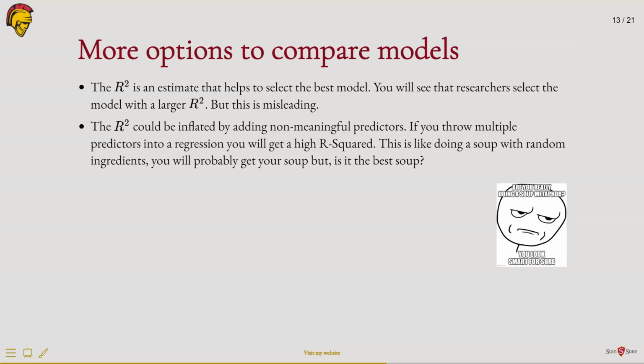You could eat it, perhaps, if you're very hungry, but it tastes awful if you don't think about what you're throwing into the pot. A similar thing happens with the R-squared. The R-squared is like a big pot. And if you add a lot of variables, of course, the R-squared will increase just randomly, right? But it doesn't mean that your model is the best. So we will study other methods to select variables.